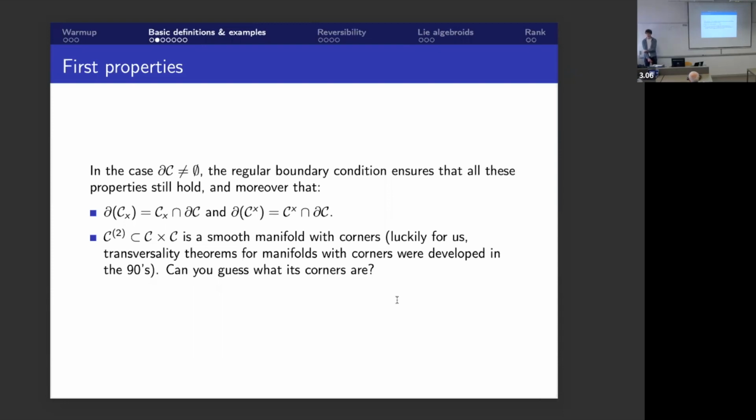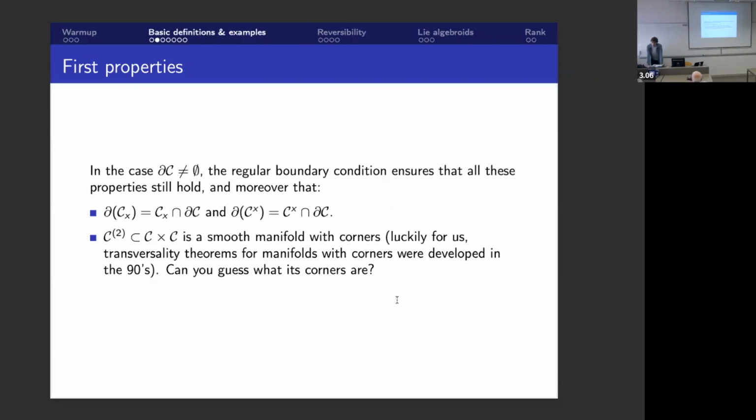I mean, I just take a closed disk and map the boundary to the north pole of the sphere. But that's not regular in our sense. Yeah, I'm not sure I understand. Okay, you can make it smoothly, but it will not be.